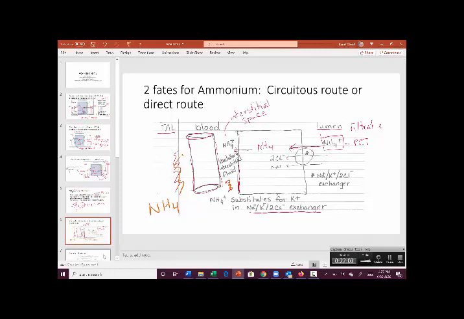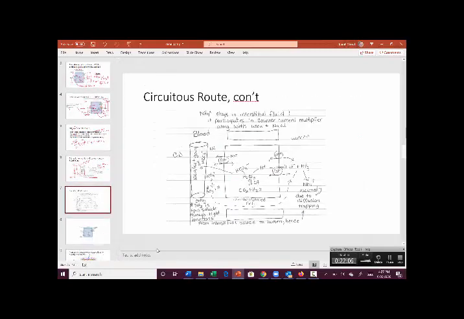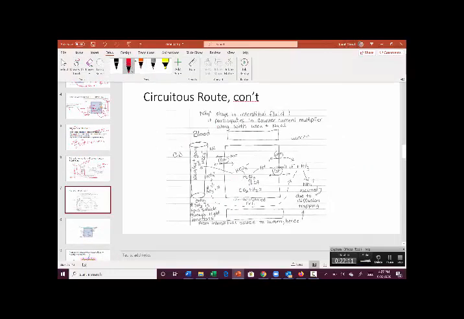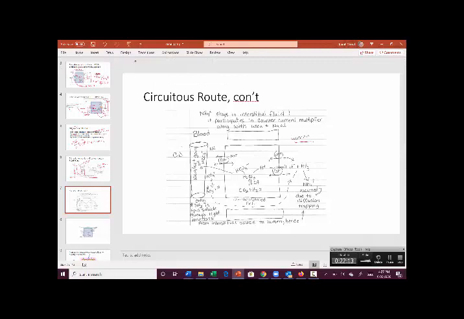Okay, and then here's what happens. Again, here's the luminal side. Let's make sure we keep that straight. So ammonium stays in the interstitial fluid, and it is going to be helpful when it's in that interstitial fluid because it will help concentrate the interstitial fluid, along with urea and sodium chloride that are trapped in the interstitial fluid down at the tip of the loop of Henle, for example, closer towards the medullary region of the kidney.